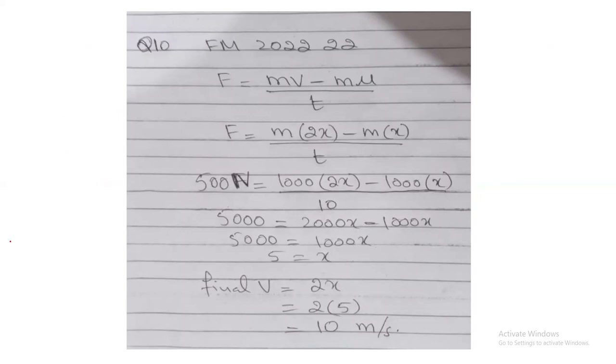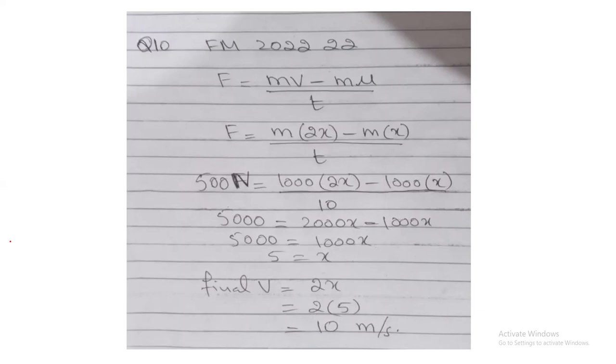We know the resultant force F is 500 Newton, and that is equal to 1000 multiplied by 2x minus 1000 into x, the whole thing divided by 10. So 10 will come to the other side and multiply with 500. So it will become 5000 equals 2000x minus 1000x. So 5000 is equal to 1000x. So x will be equal to 5000 divided by 1000, that is 5.